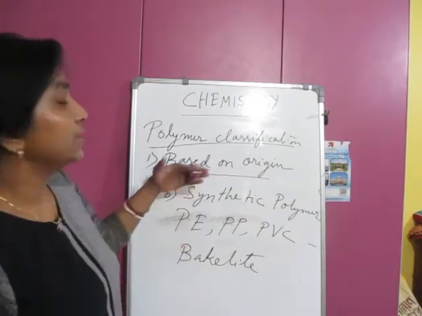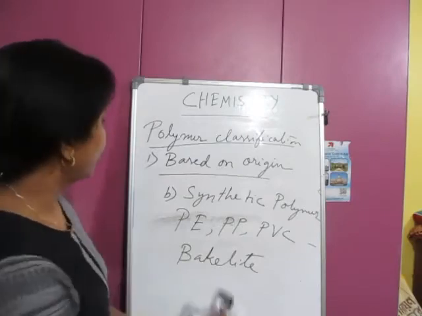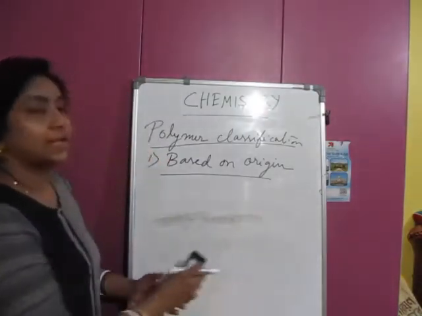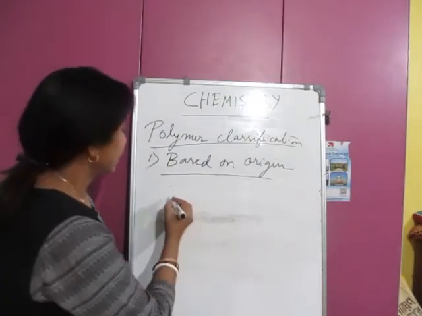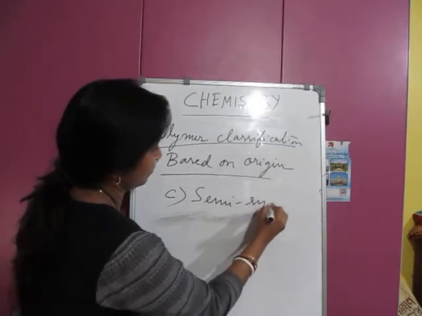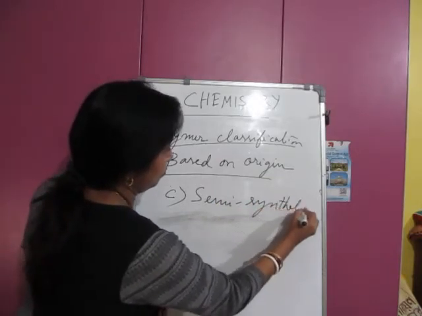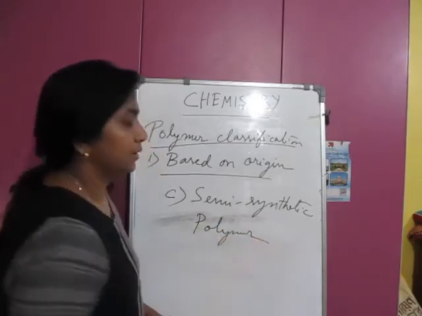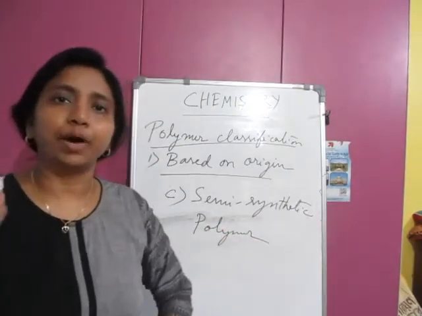Now in between these two we can write the third type of polymer, that is called semi-synthetic polymers.